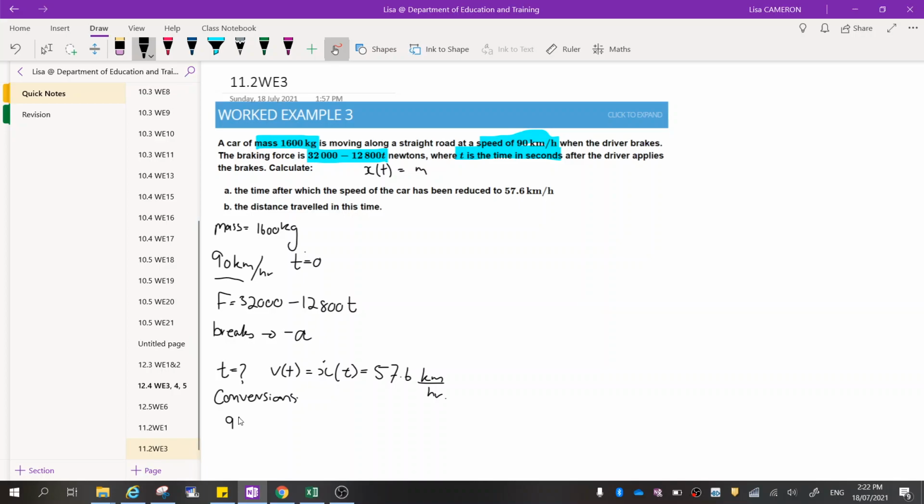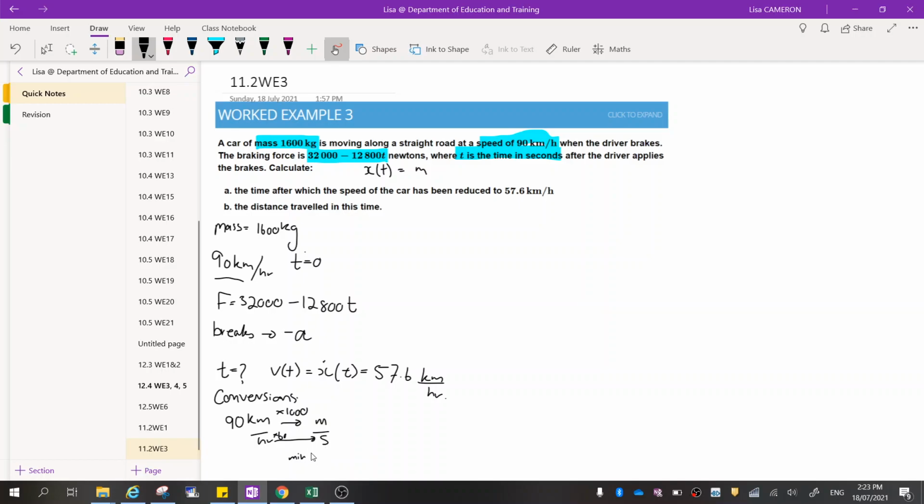So if I've got 90 kilometers per hour and I want to get to meters per second, kilometers to meters means I multiply it by 1,000. To get from hours to seconds, I first need to go to minutes. So there are 60 minutes in an hour, so I need to times it by 60 first.